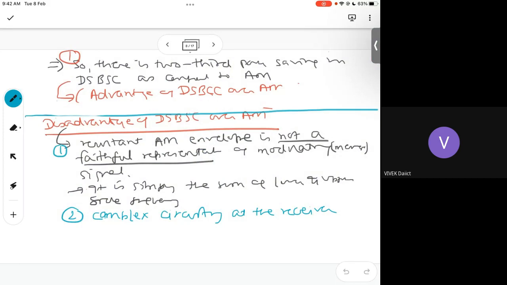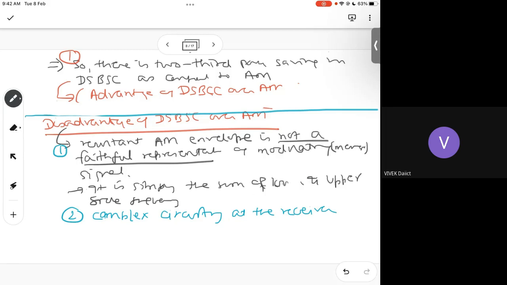And disadvantage is that you will not get a faithful reproduction because now your carrier is missing. It is simply the sum of the lower and the upper side frequency, so it is not a faithful reproduction.